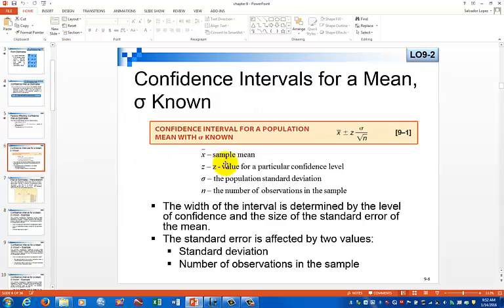So the confidence interval is equal to x bar plus or minus z times sigma over the square root of n. The point estimator of the population mean, which is the sample mean, plus or minus the margin of error.